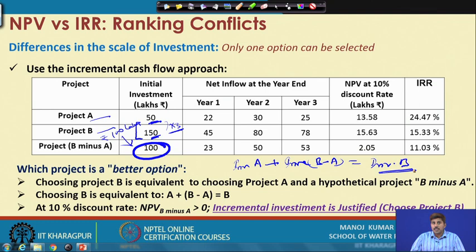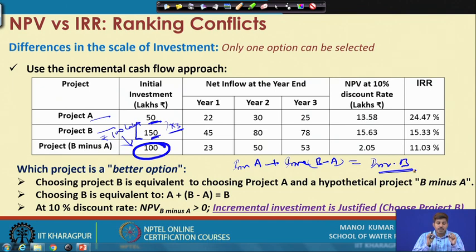Now I have the flexibility of assessing whether both of these satisfy the criteria, or whether this additional 100 lakh rupees investment that I am going to make if I choose project B, what is the return expected on this particular incremental investment.